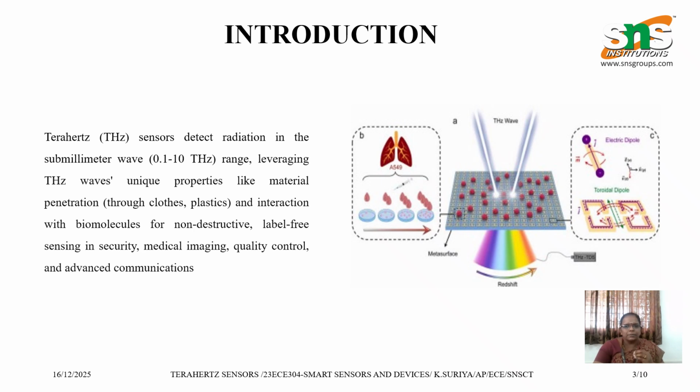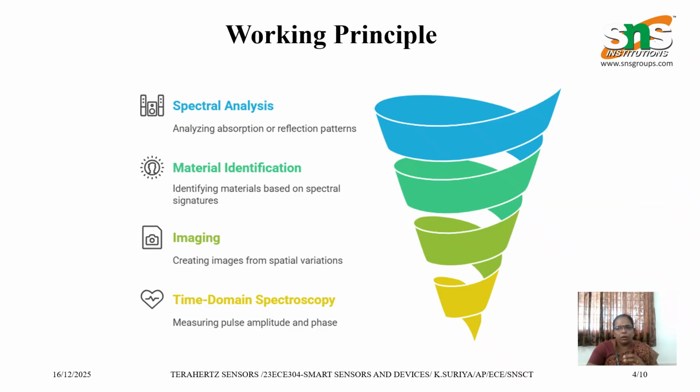However, recent advancements in terahertz technology have opened up a wide range of applications, including security screening, medical imaging, non-destructive testing, and environmental monitoring. So next we'll see about the principle of working of the terahertz sensors.